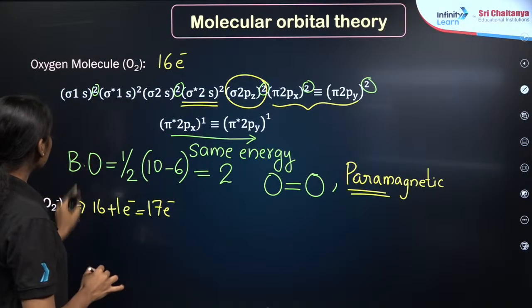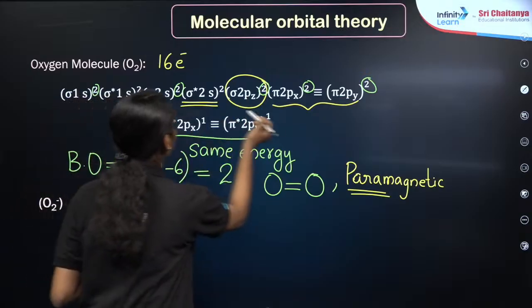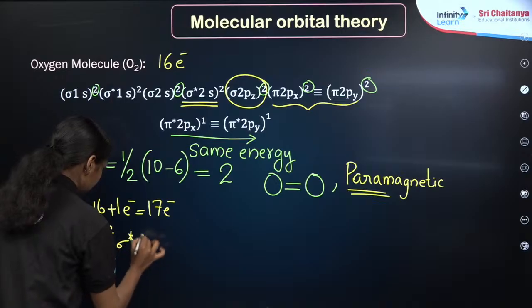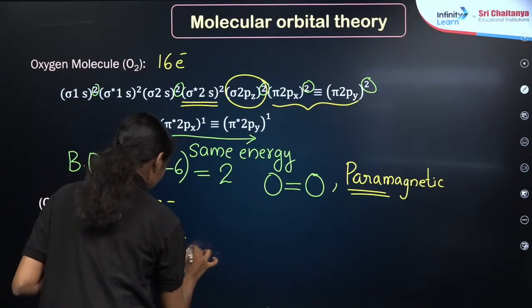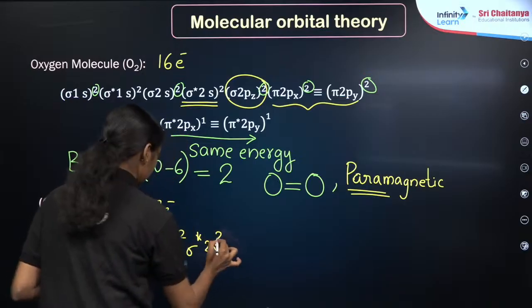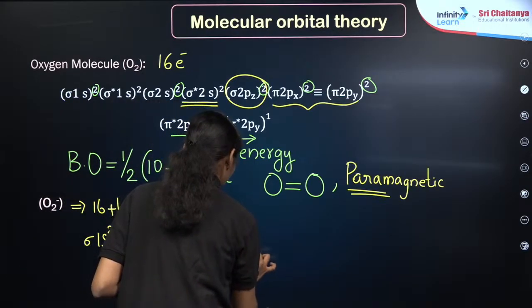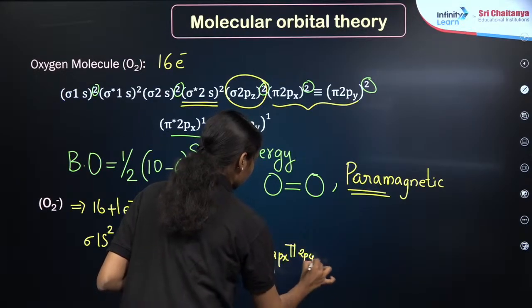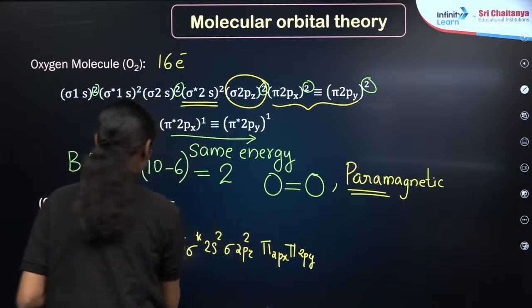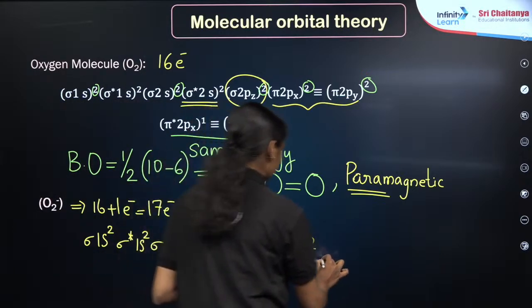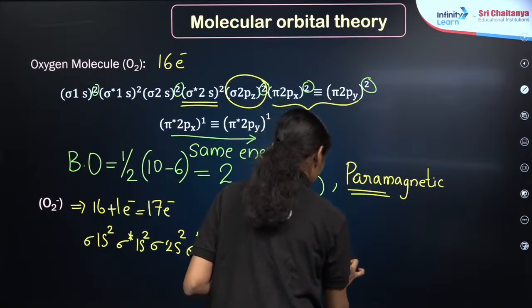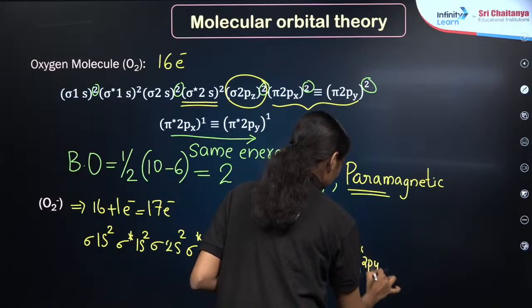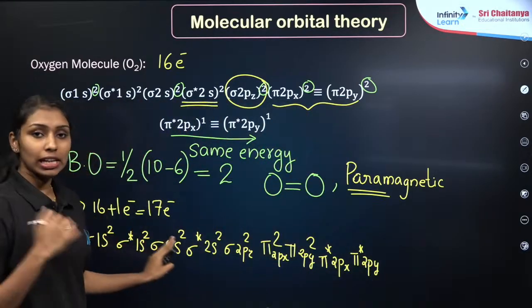The only change is that here it is 2 plus 2, 4, right? In total, 17 electrons are present here.